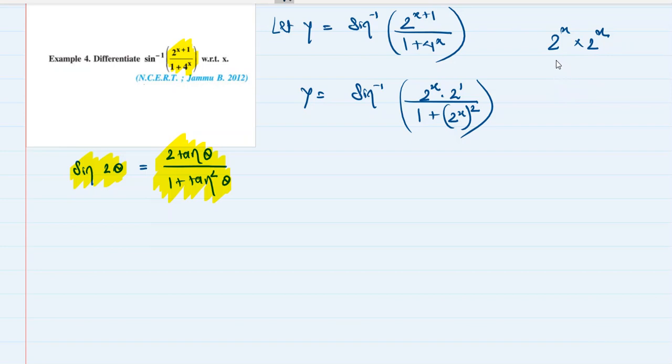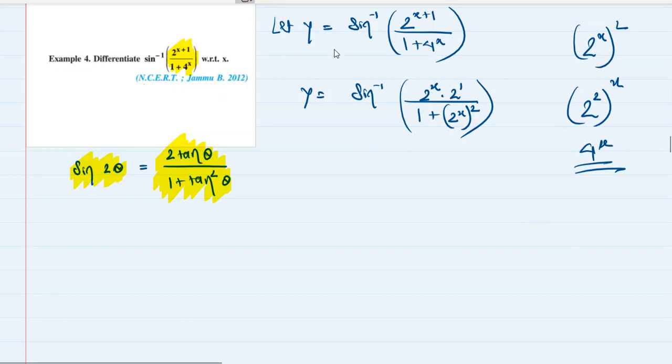It can also be written like this: 2 raised to x the whole square can also be written as 2 raised to 2, the whole raised to x. That is 4 raised to x. Absolutely correct. So 2 raised to x the whole square in the place of 4 raised to x is absolutely correct.